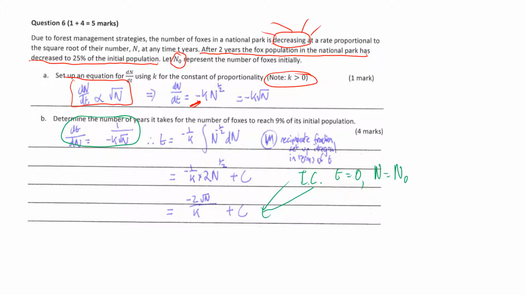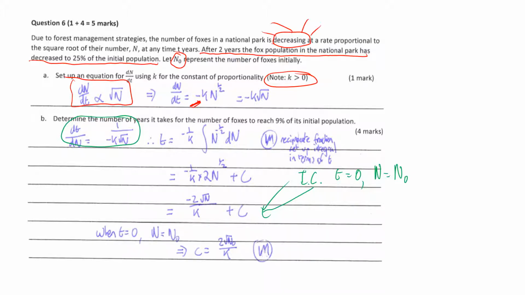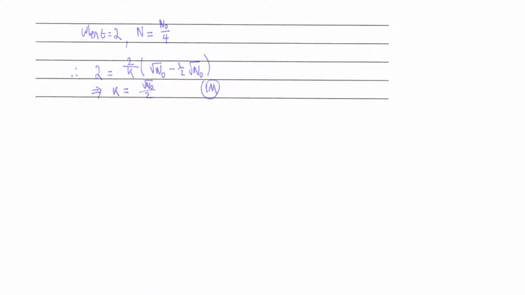So we're going to get C in terms of n0, which is a simple operation, and then return it into our expression for t. We've now got t is 2 over k, the constant of proportionality, times the square root of n0 minus the square root of n. Fantastic. Okay, let's keep going on to the next page.